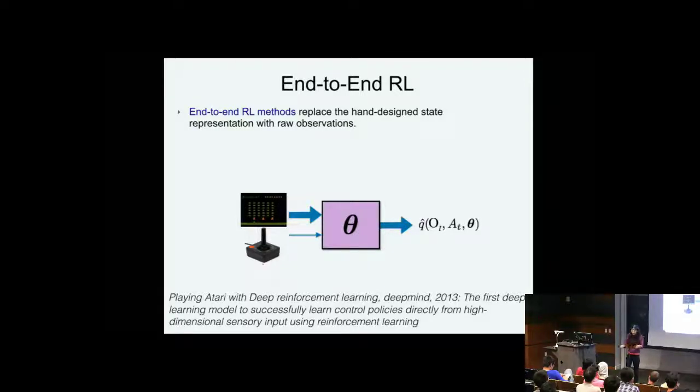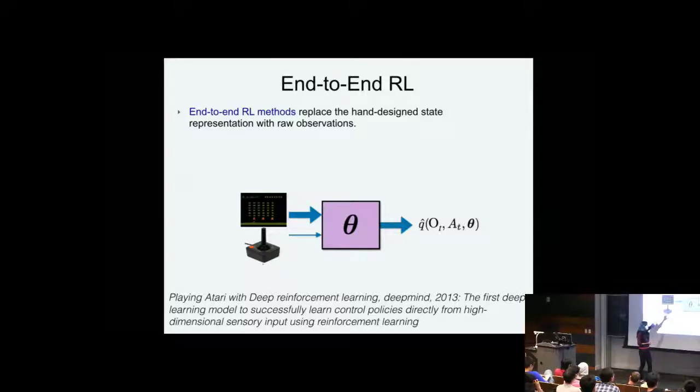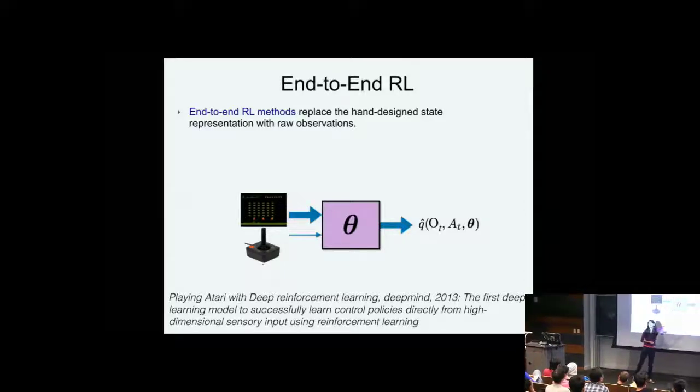The state was short, even before GPUs, so no problem, you could train. Now, of course, once you go to high-dimensional, no surprise that this came after 2012. We do need GPUs and all this machinery. So the important thing is that the image comes as input. Here is the image, here is the action, here is the neural network, and here is your action value function.